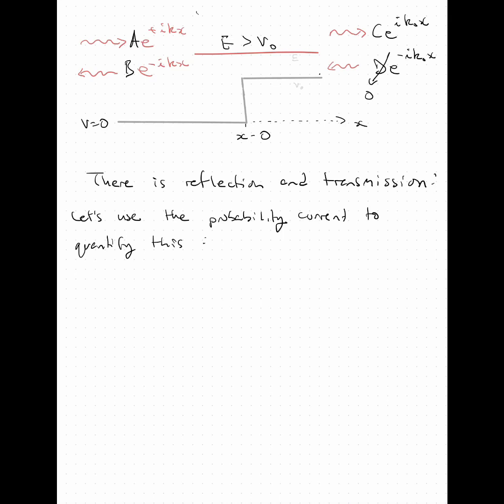And let's recall that the probability current looks like the following: ħ over 2mi times the bracket φ* dφ/dx minus φ dφ*/dx.